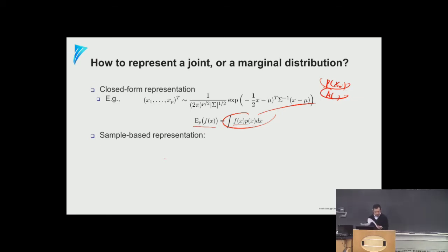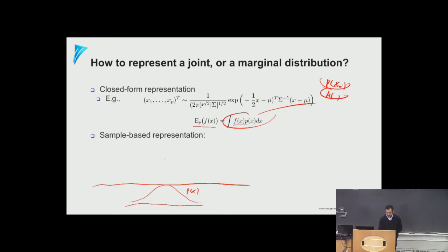What is a sample-based representation of that? So it goes as follows. Typically when we are talking about a distribution, we may think about some nice shape like this, which has a beautiful closed-form expression like a Gaussian, right? And then you integrate it.